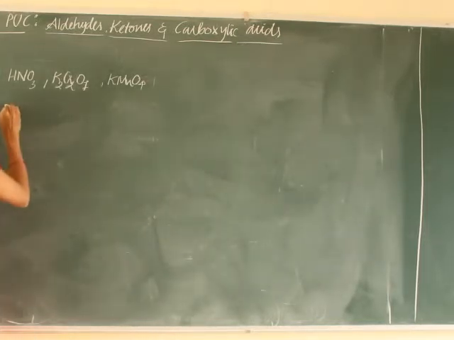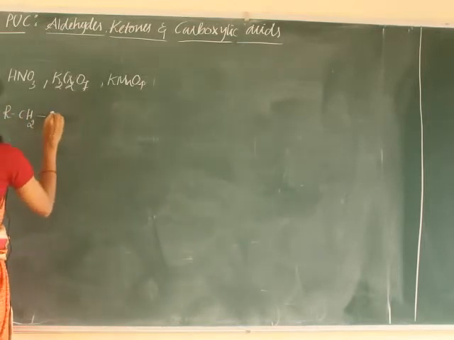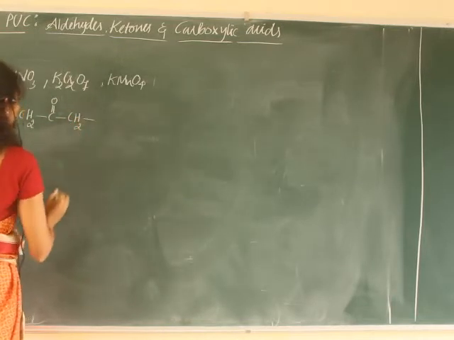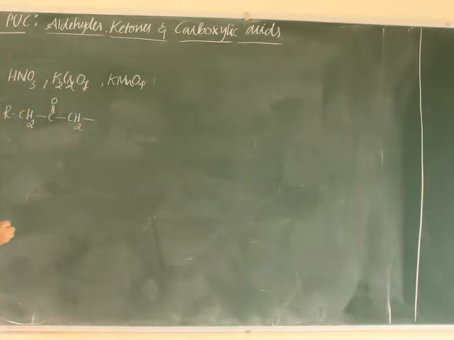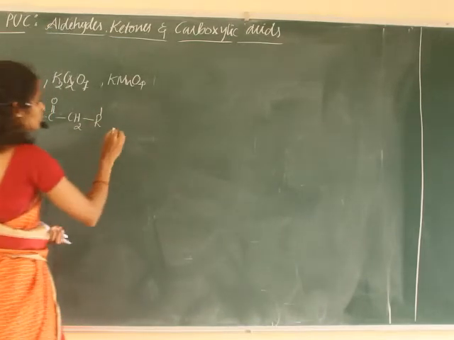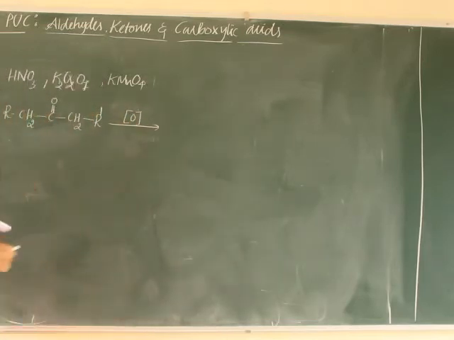For example, RCH2, C double bond O, CH2R' is a ketone which on oxidation, as I said, will give the corresponding carboxylic acid with cleavage of a bond.